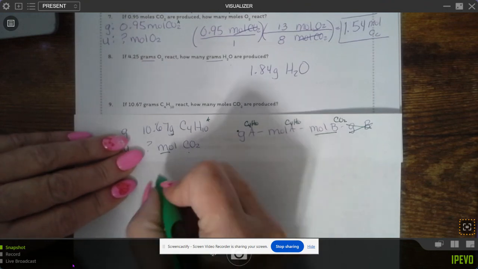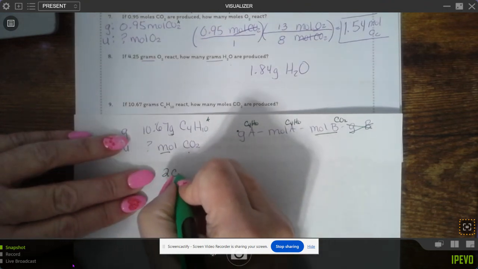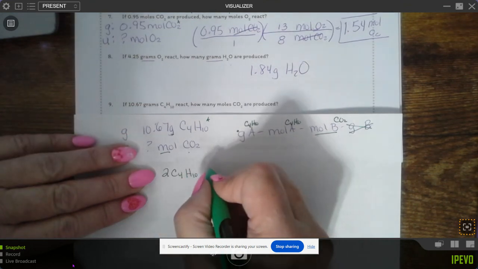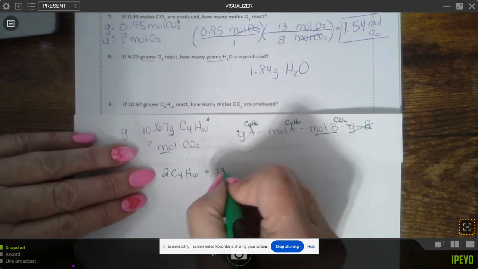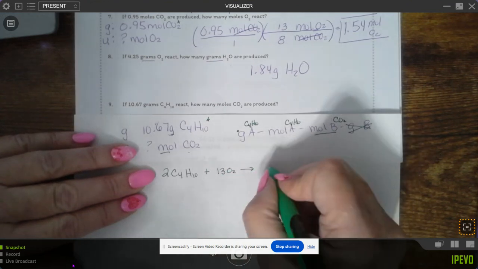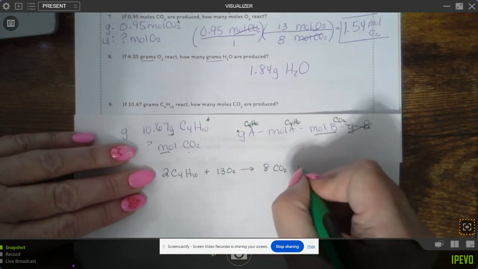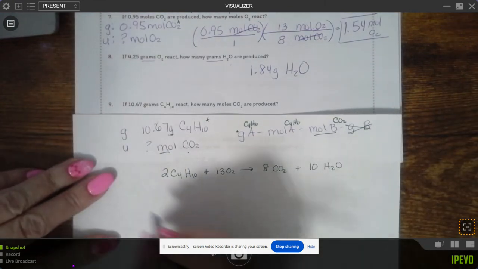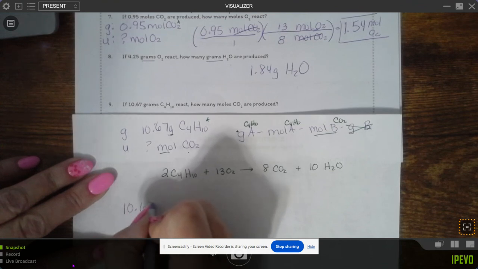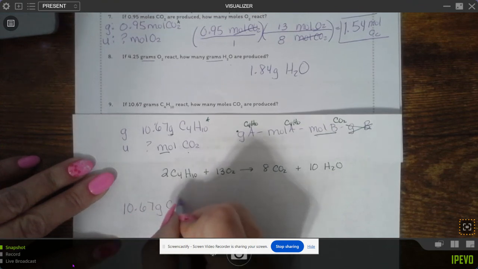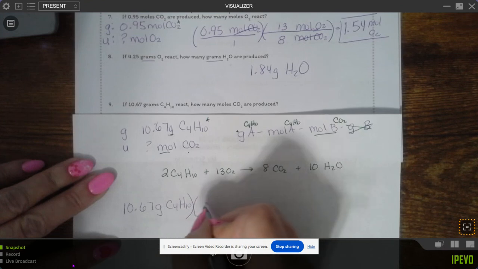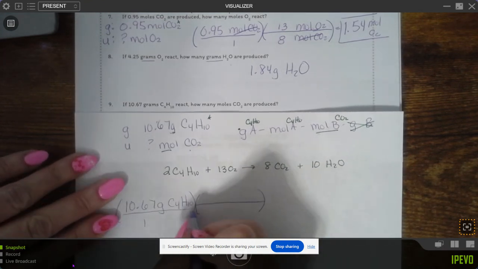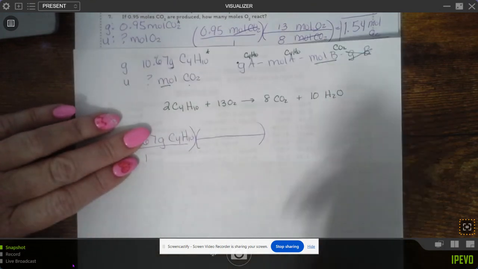I need to write my balanced equation up here again. 2C4H10 plus 13O2 produces 8 CO2 plus 10 H2O. Okay, so I start with 10.67 grams of C4H10. Okay, I'm going to bring these units down.